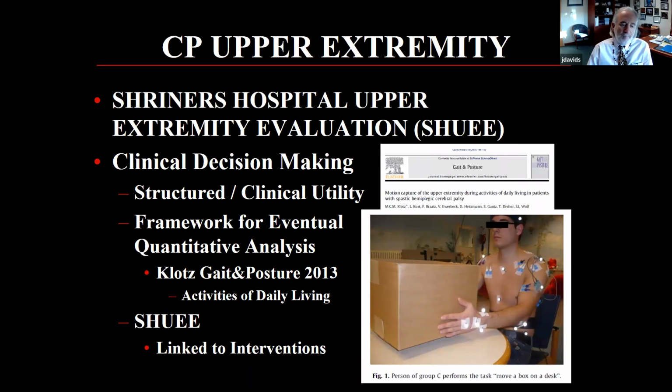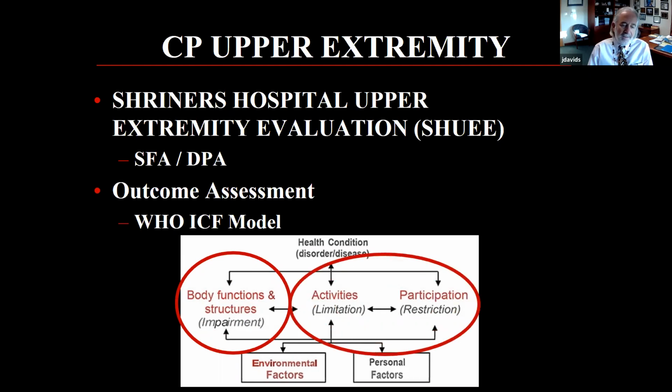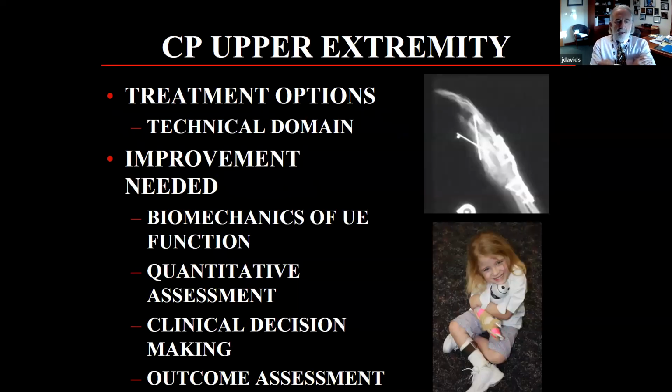It's important to recognize that this tool really only addresses the body functions and structure components of the ICF model, and that attention to activities and limitation elements are also quite important. So in final summary, there are a variety of treatment options for the upper extremity in children with CP.